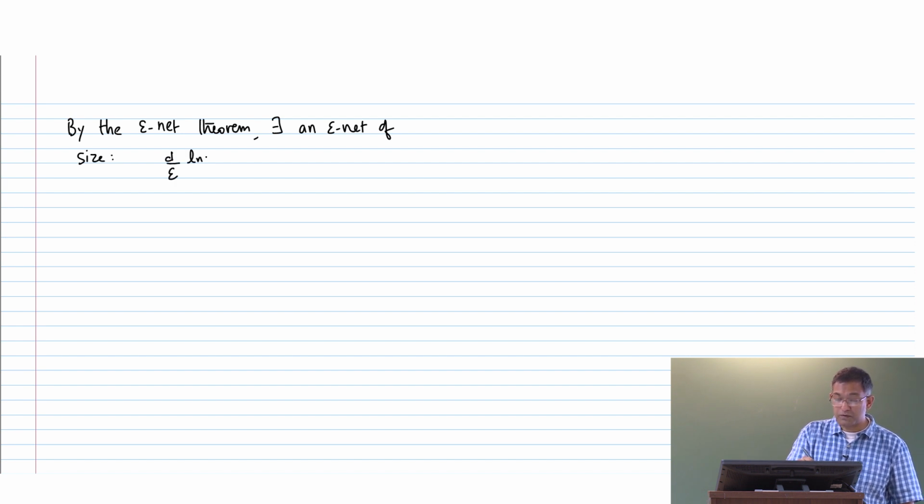And by the epsilon net theorem, there exists an epsilon net of size 1 over epsilon, d times log 1 over epsilon. Assume that d is constant.